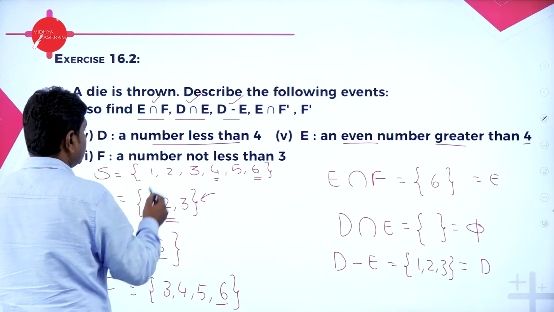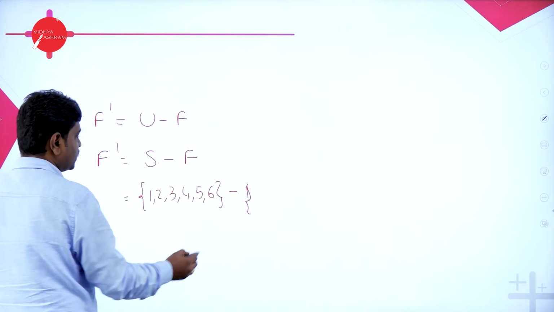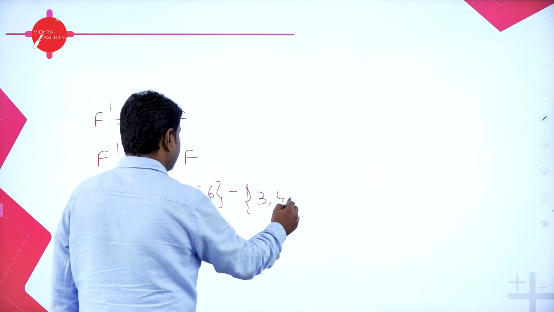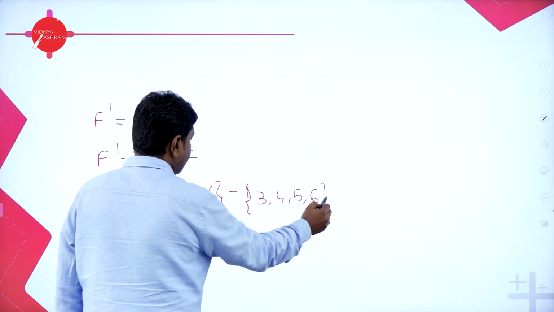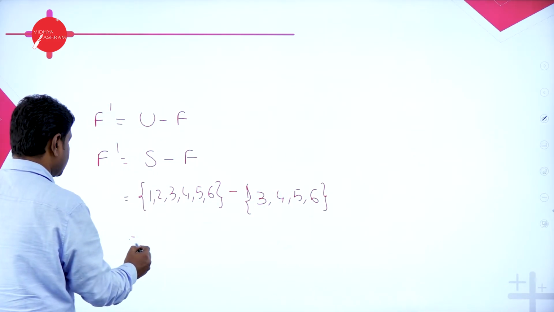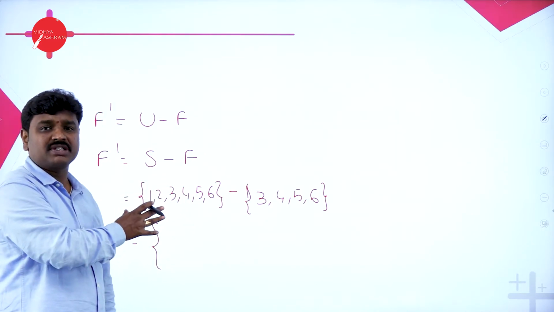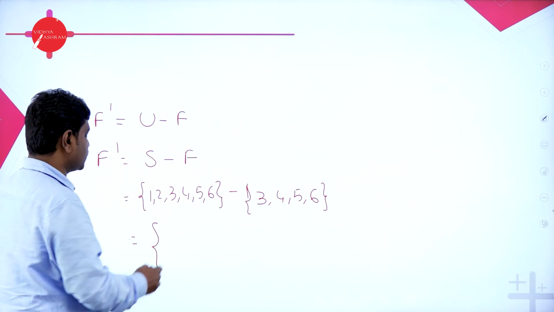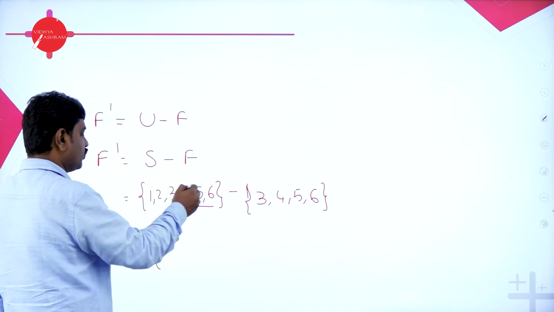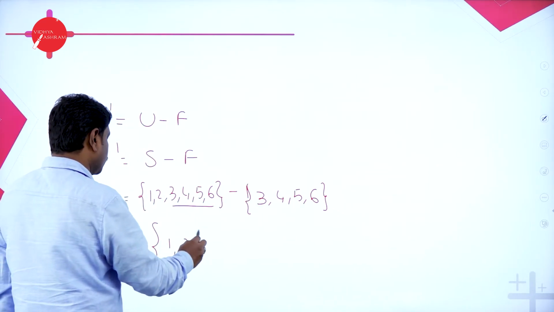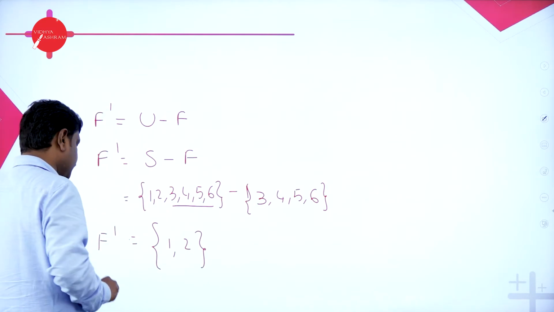F is defined as not less than 3, that is 3, 4, 5, 6. From the sample space remove 3, 4, 5, 6. I am left with 1, 2. So 1, 2 is F dash.